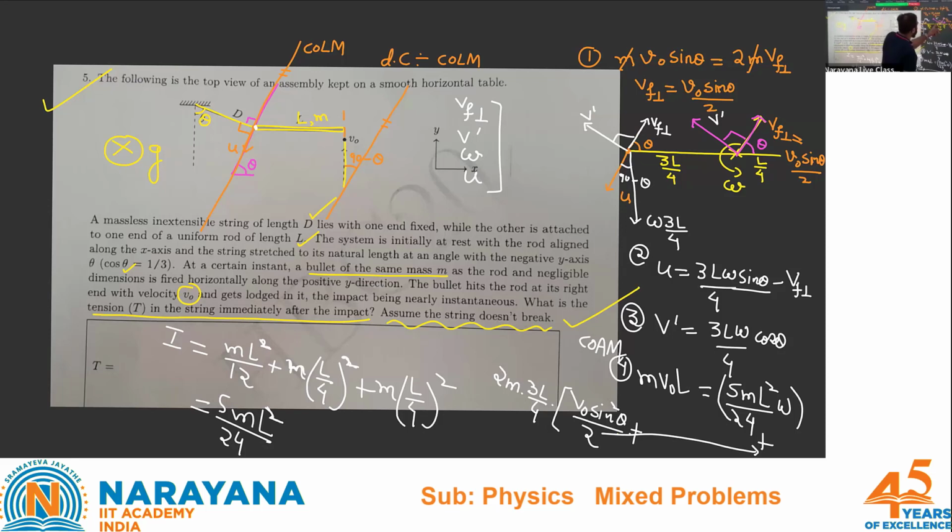What is that? V prime sine 90, that is V prime cos theta term. V prime cos. Is that fine? MR cross VCM I wanted to write about that point. So total angular momentum of that point, and angular momentum about center of mass. So these are the terms I have written.